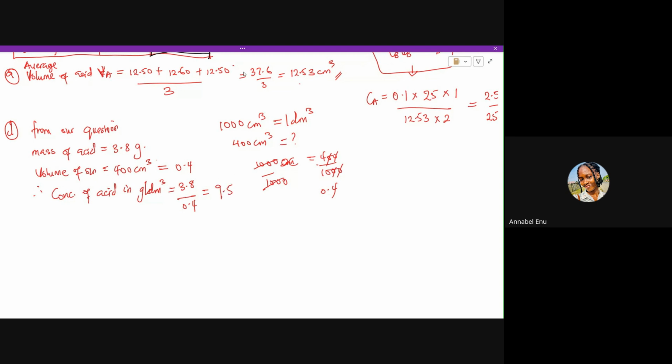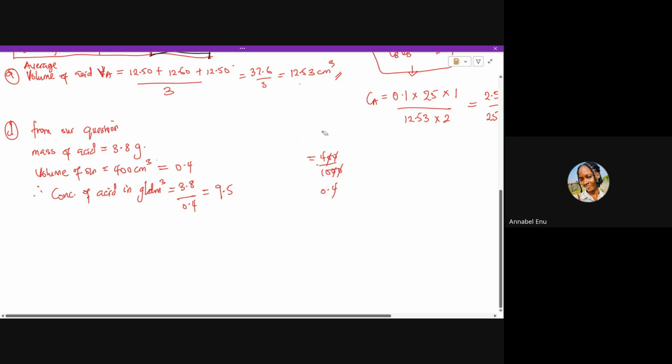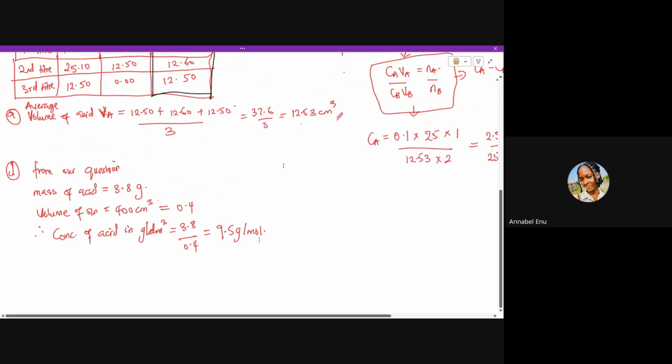Are you seeing it? So from here, we get 9.5 gram per dm cube. That tells us that we actually just figured out the mass concentration. They are all concentration, but one is in mass, the other is in molar.